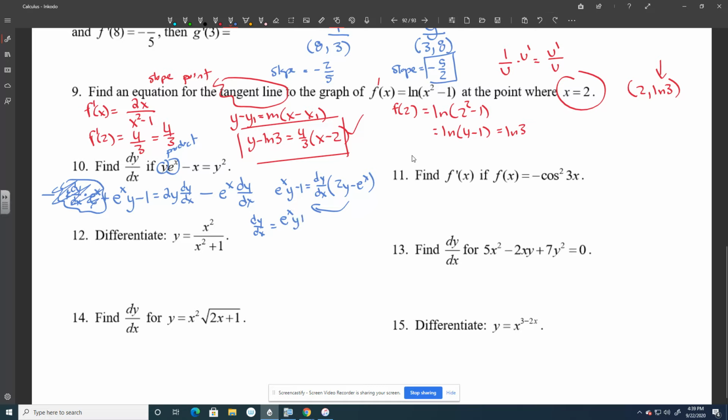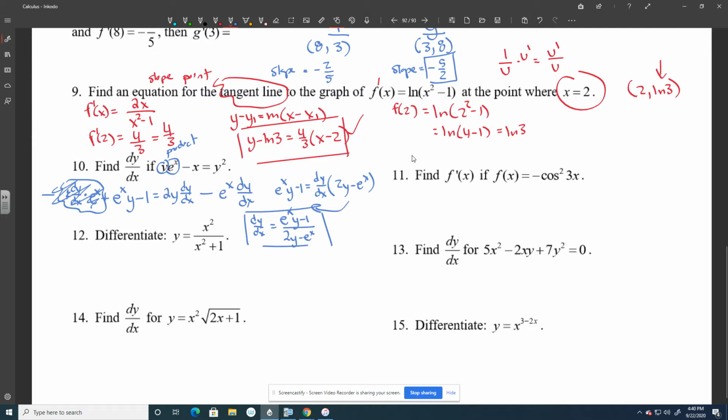I wrote plus, but I said minus. e to the x y minus 1 divided by 2y minus e to the x. That's a great answer. There's not much more you can do to simplify that. And it doesn't look super pretty, but that's the best we're going to get with all of those e functions in there.